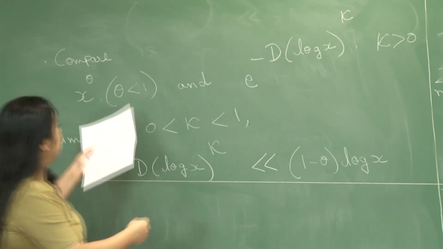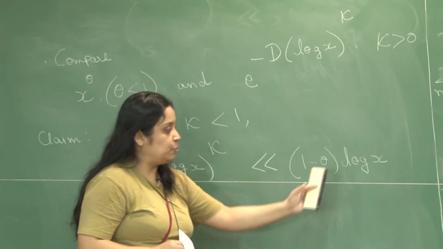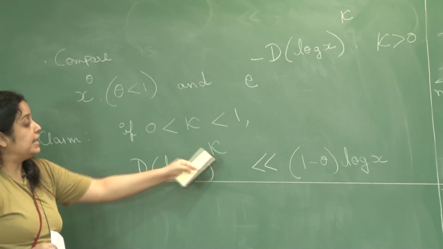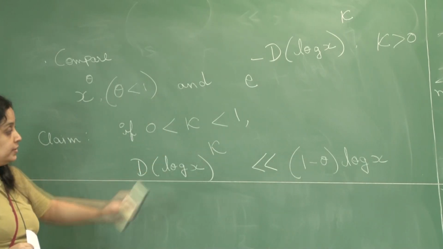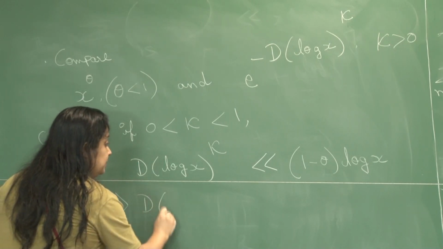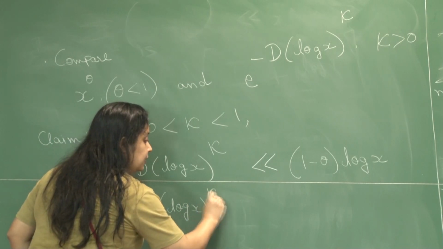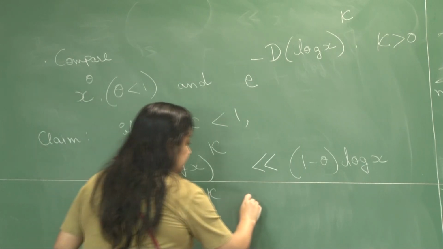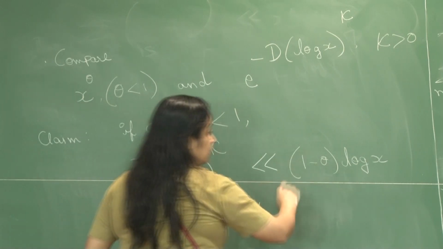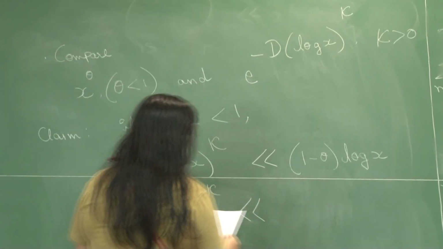Theta is something that you have started off with, it is less than 1, 1 minus theta is a positive quantity. This inequality will definitely hold provided kappa is less than 1. What does that mean? That means that d times log x raised to the kappa is less than log of x raised to the 1 minus theta.